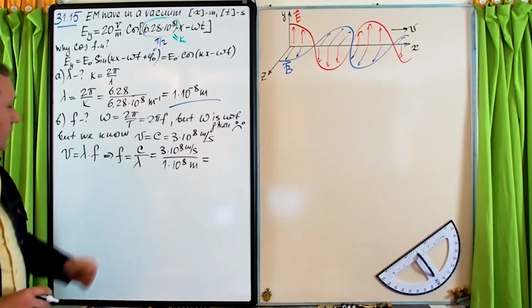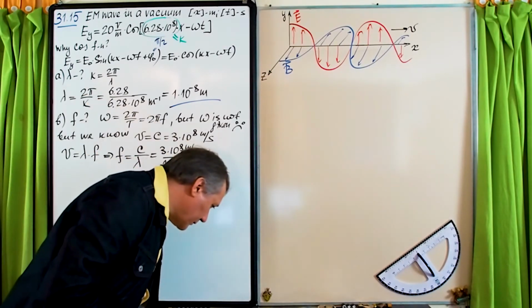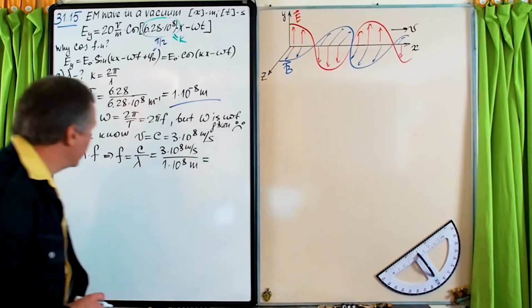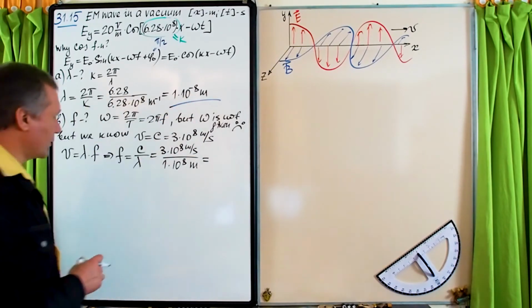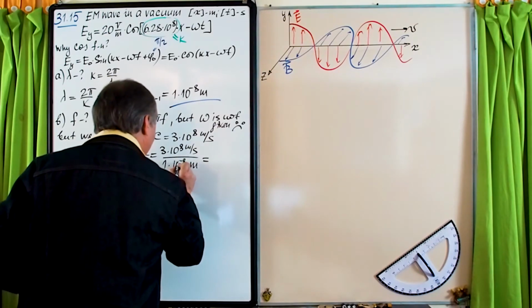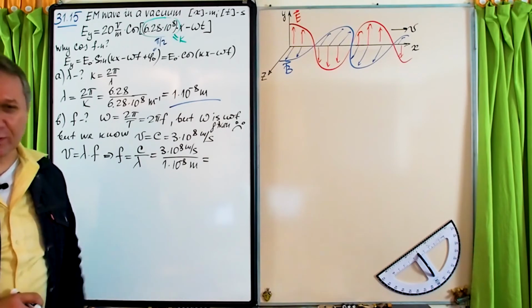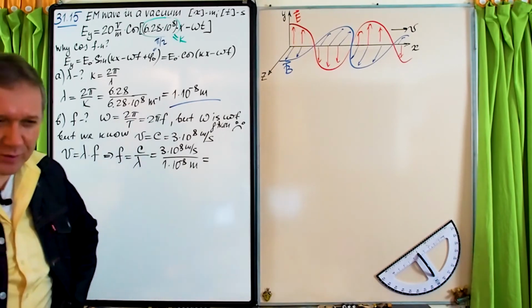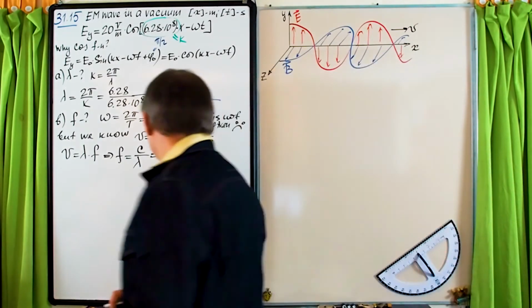Okay, so we're getting 3. Oh, it's such a nice number. 3 hertz? Really? Wait, it looks weird. I need to look carefully. It's 1 times 10 to the power of minus 8. Because frequency that small cannot be true.